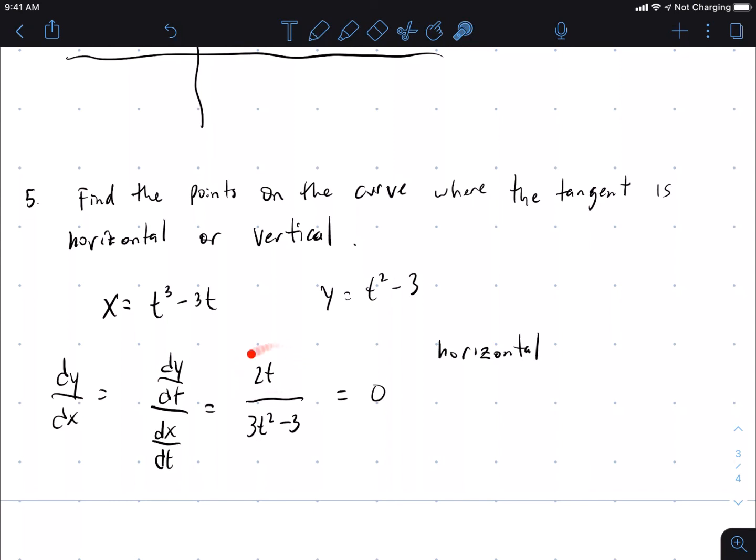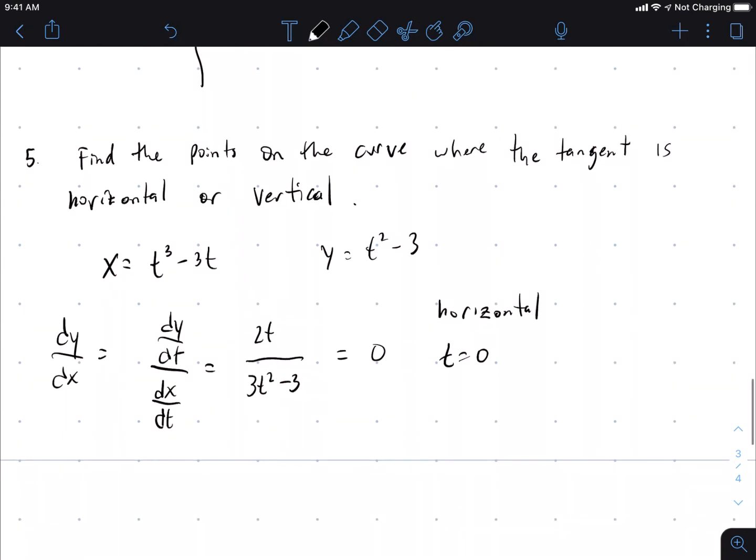This is the numerator, right? So then what's t? T equals 0. But they want a point, so they're going to want it in the x and y. So what's my x going to be? 0. Perfect. What's my y going to be? -3. Perfect. Does everyone see where Andrew got 0 and -3? Is there anyone that doesn't see it? Please.